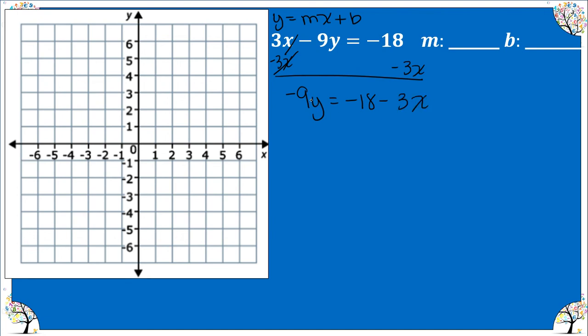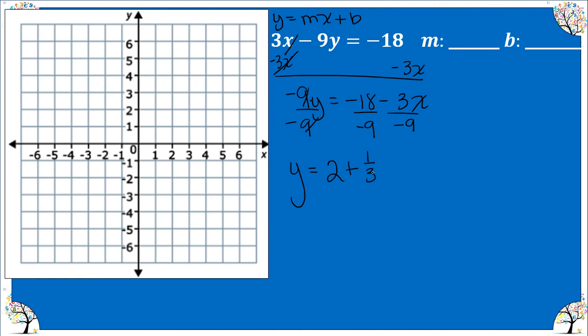Now we're going to undo multiplication by division, and we're going to divide every term by -9. Y equals, we have a negative divided by negative, so that's +2. We have a negative divided by negative, so that's positive.